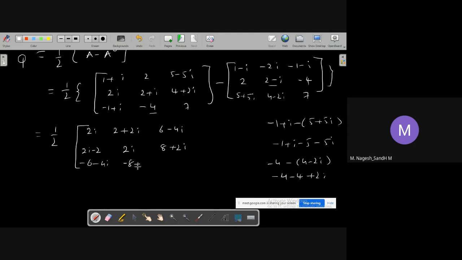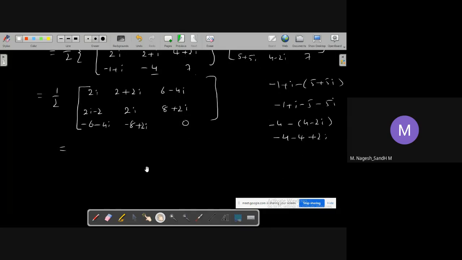Next, 7 minus 7, 0. So now take 1 by 2, 2 common. What will we get? 1 plus i, 2 common, this value is 3 minus 2i. Next, minus 1 plus i, 2 common means minus 1 plus i. Next i.